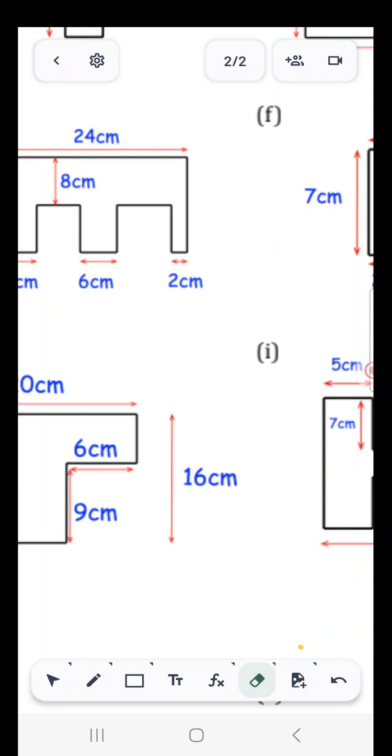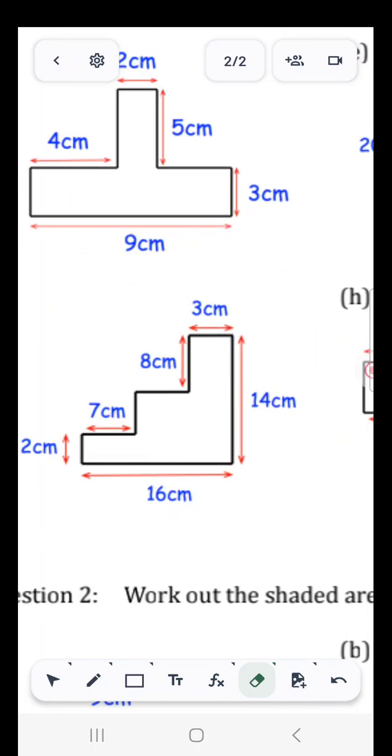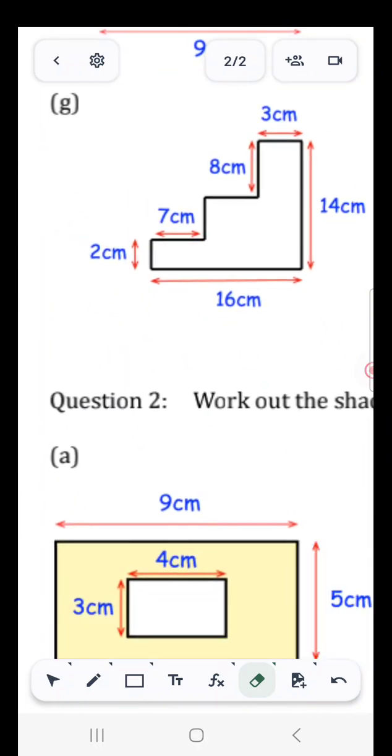So here we have attempted the F part, now we will be moving towards the G part.